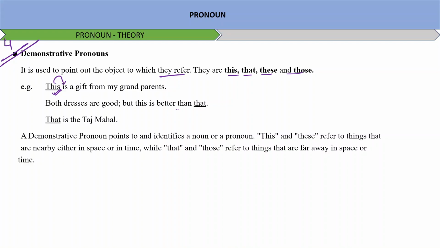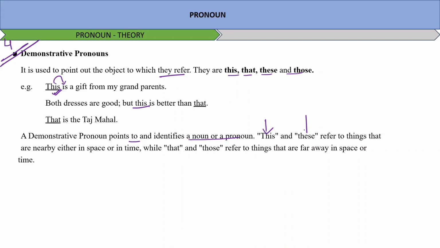A demonstrative pronoun points to and identifies a noun or a pronoun. This and these refer to things that are nearby, either in space or in time. You will always use one for a singular subject and one for a plural subject: this, these, and that becomes those.